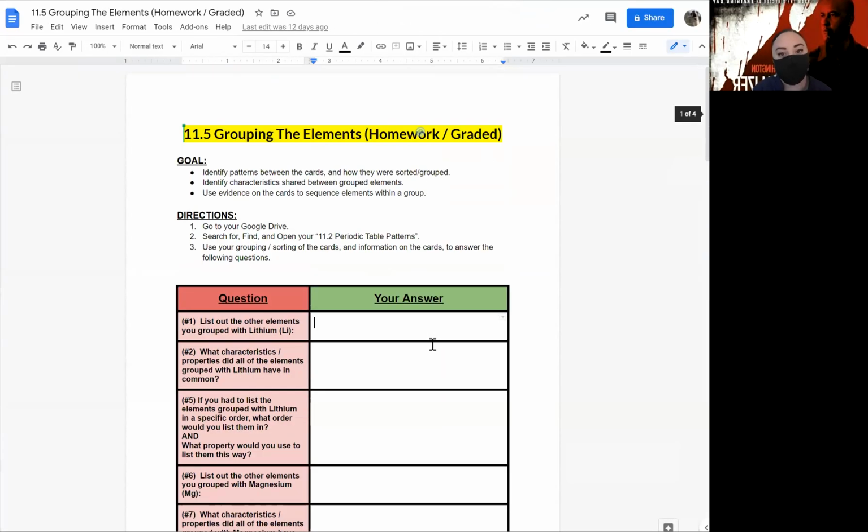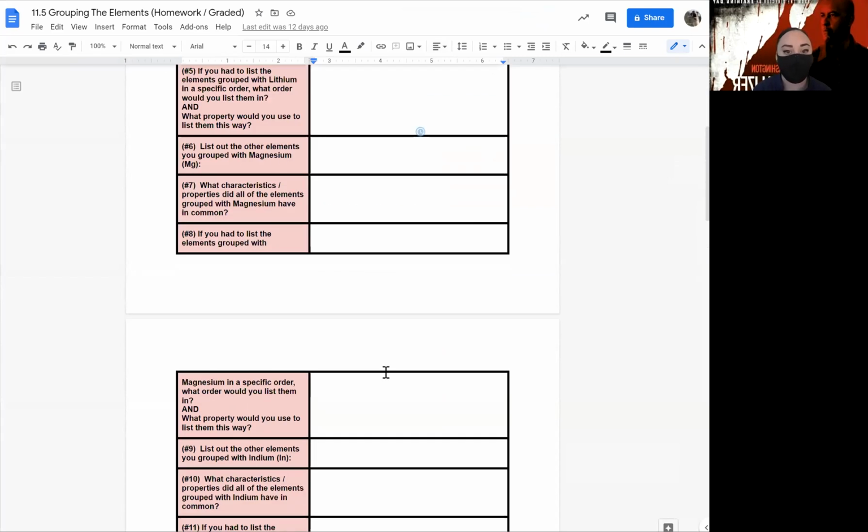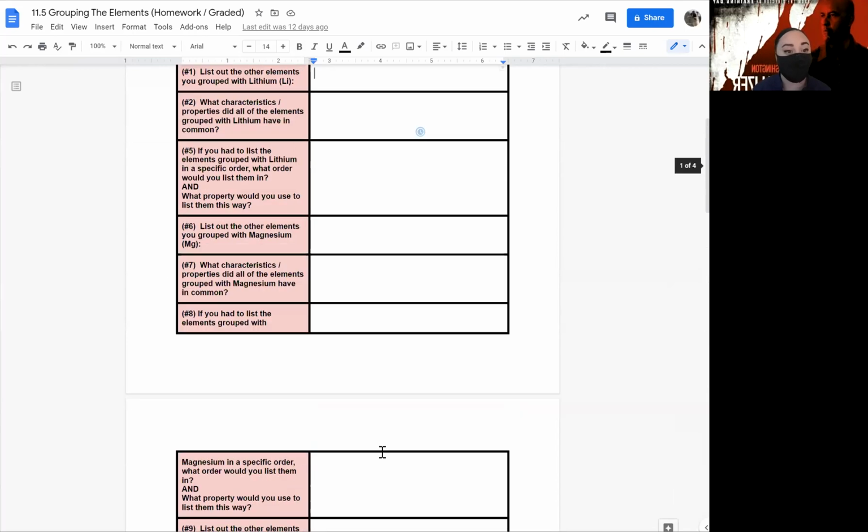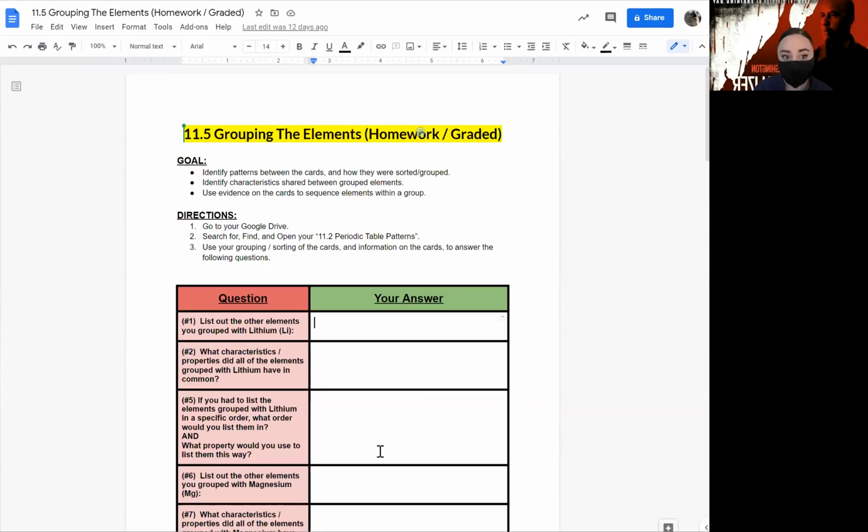So your job for the remainder of the hour today, again, you have this class till 12:25, is to have open your card sort and go through and answer these questions, okay? These questions are due tomorrow night, so you want to make sure that if you don't finish it today, you work on it for homework and submit it later. I'd like everyone to stay in here and work on it, and as you work on it, if and when you have questions, make sure you ask me, okay?